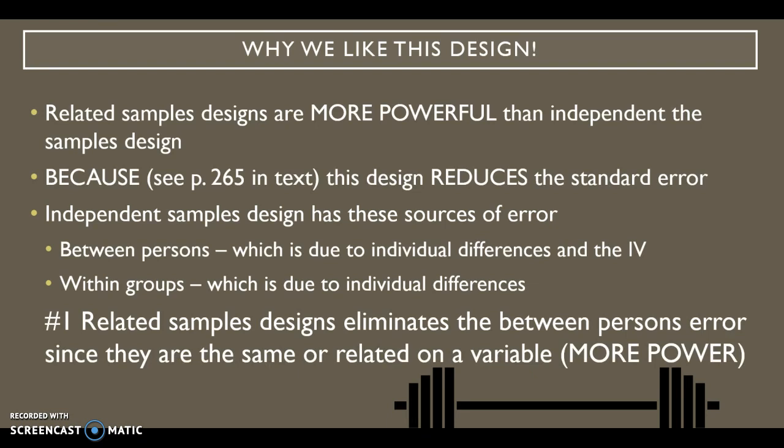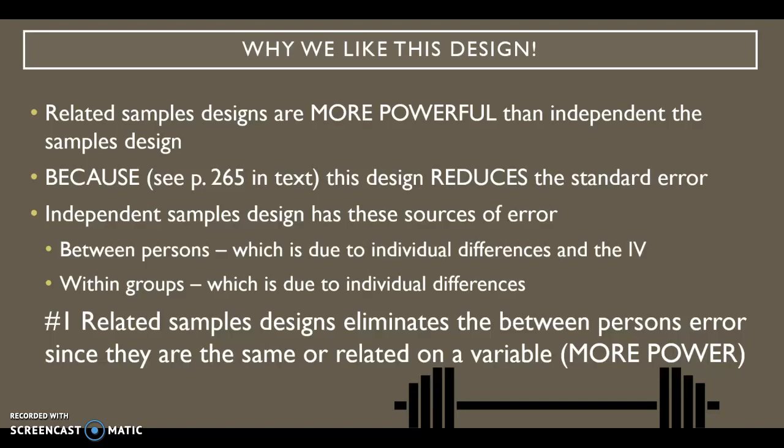Okay? When you look at independent samples designs, independent samples have multiple sources of error: between persons, which can be due to individual differences and the independent variable, and within groups, which would just be due to individual differences. In a related samples design, you are eliminating the between persons, the individual differences problem, because it's all the same people, or they're at least matched on something that's going to affect the outcome of your study.